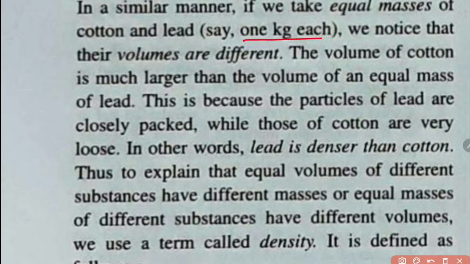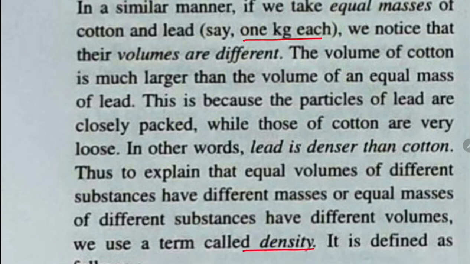The volume of cotton is much larger than the volume of an equal mass of lead. This is because the particles of lead are closely packed while those of cotton are very loose. In other words, lead is denser than cotton. Thus, to explain that equal volumes of different substances have different masses, or equal masses of different substances have different volumes, we use the term called density.